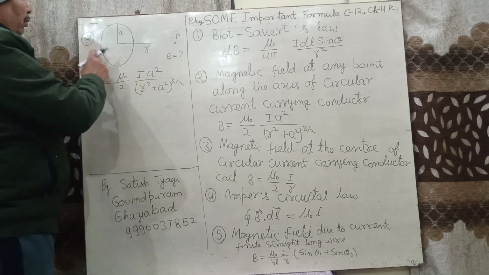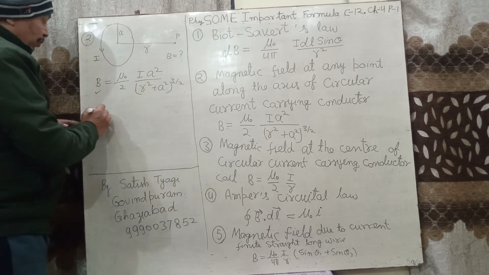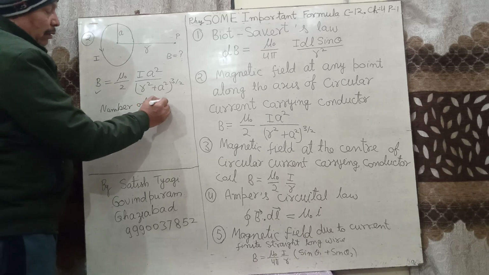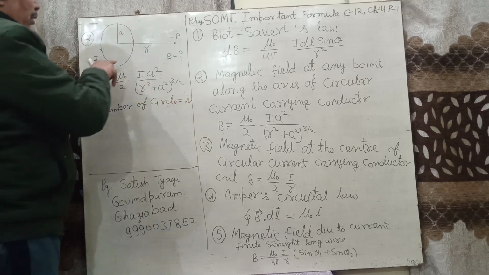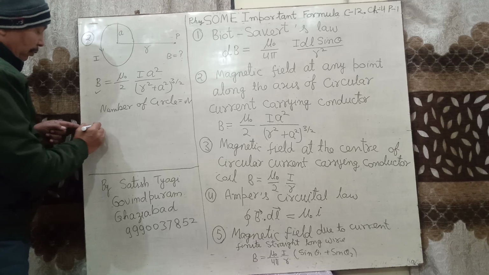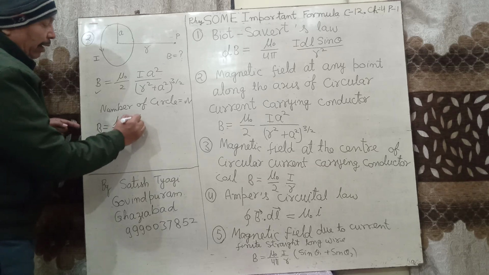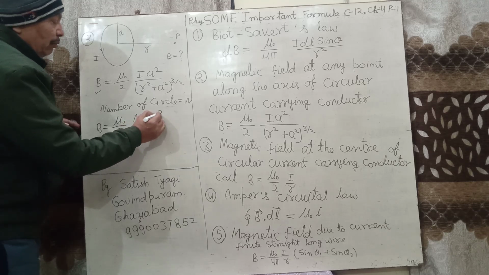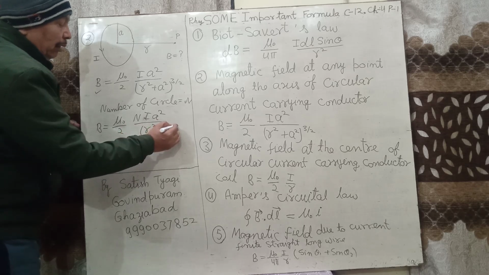If the number of circles is n, then the magnetic field at point P equals mu 0 upon 2 n I a square upon r square plus a square to the power 3 upon 2.